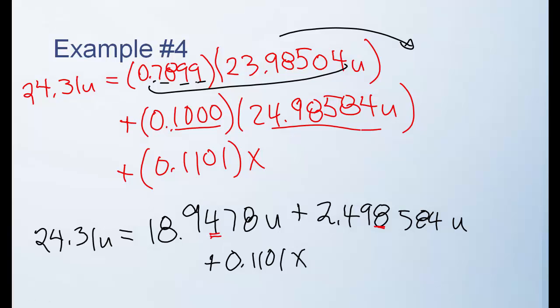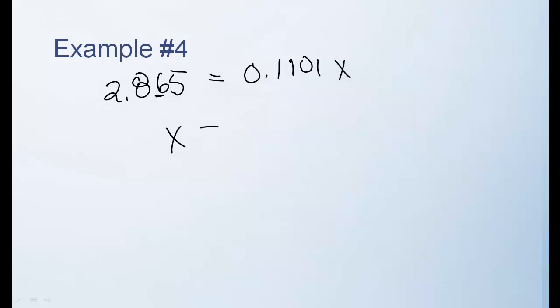Alright. Going on to the next screen, if I simplify what I have, I end up with 2.865 and some change, rounded to this sig fig here, is equal to 0.1101 X. Remember, X is the mass of magnesium-26, and when I solve here and round to 3 sig figs, I get 26.0, and remember I had this U here, so this is atomic units.